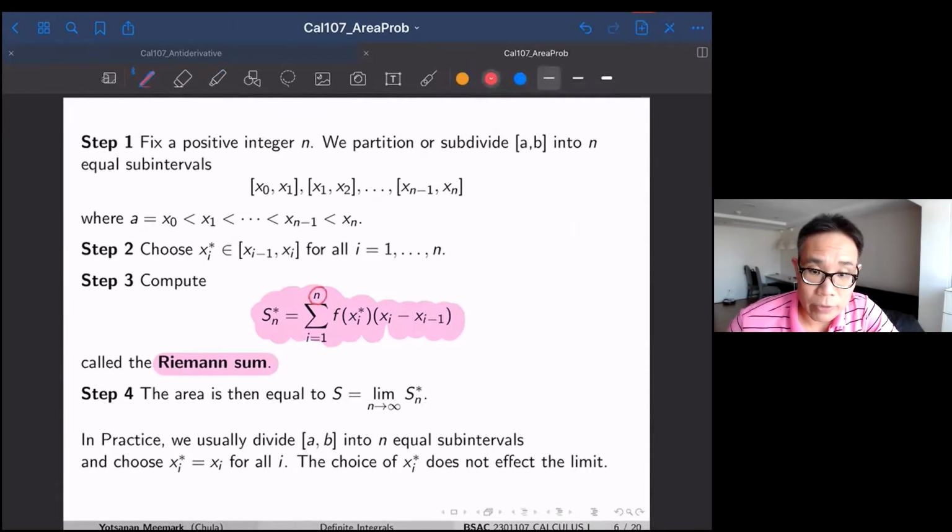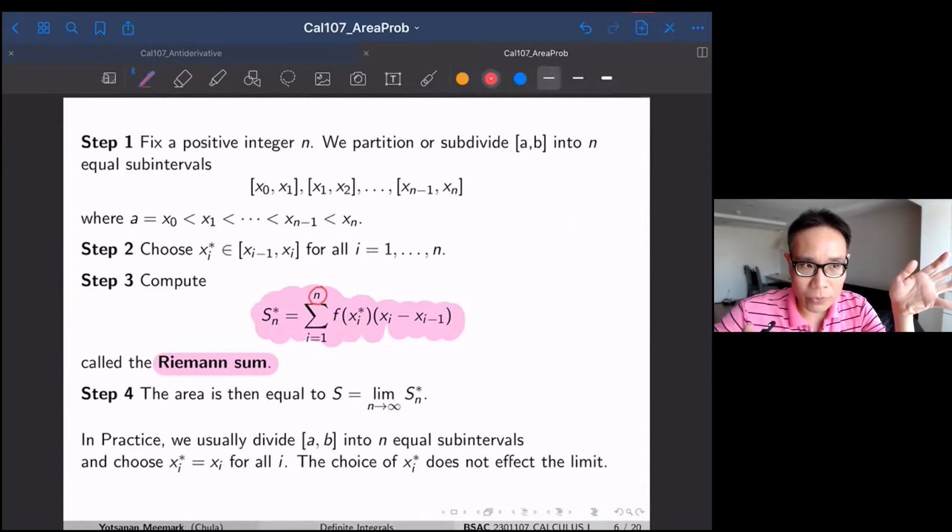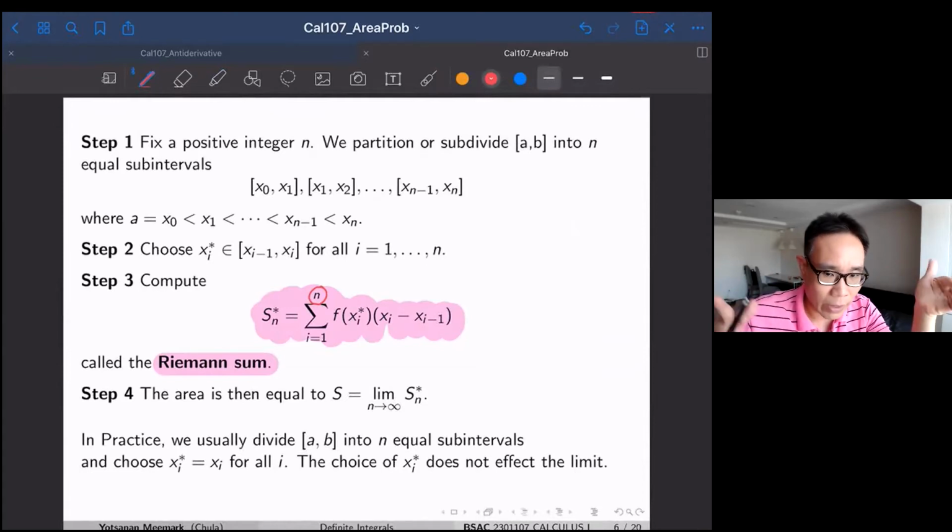This sum depends on n, because if you make n larger, you're going to get a sum that gets closer to the actual value of the area that you're looking for.